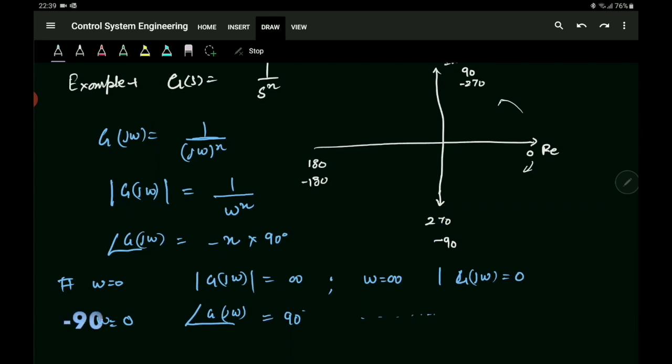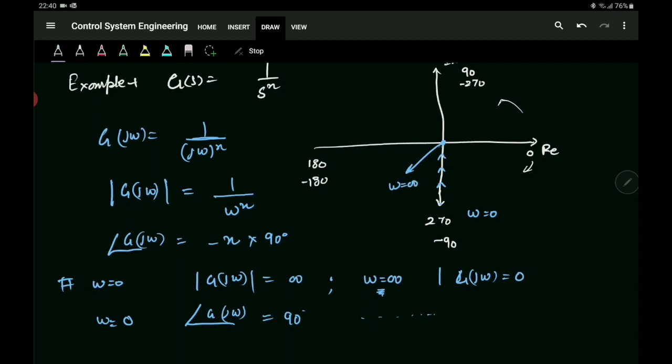So let's take n equals 1, and since n equals 1, the angle is minus 90 degrees, so this is your minus 90 degree axis. At frequency omega equals 0, the magnitude is infinite, so it is somewhere on the infinite axis, and when we increase omega, the magnitude starts decreasing and converges to the point here, because at omega equals infinity the magnitude is 0.